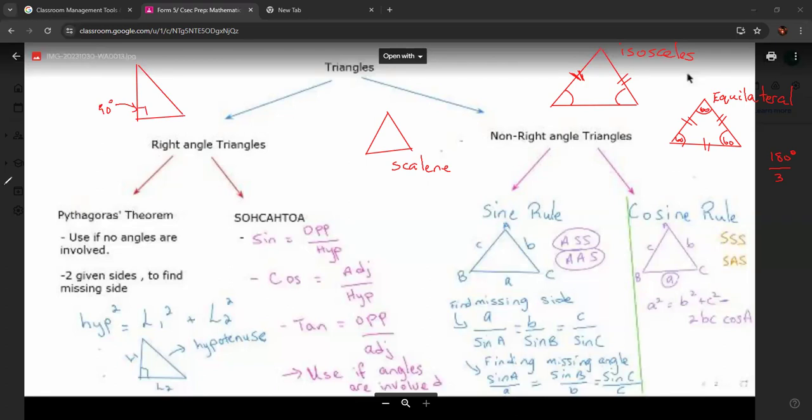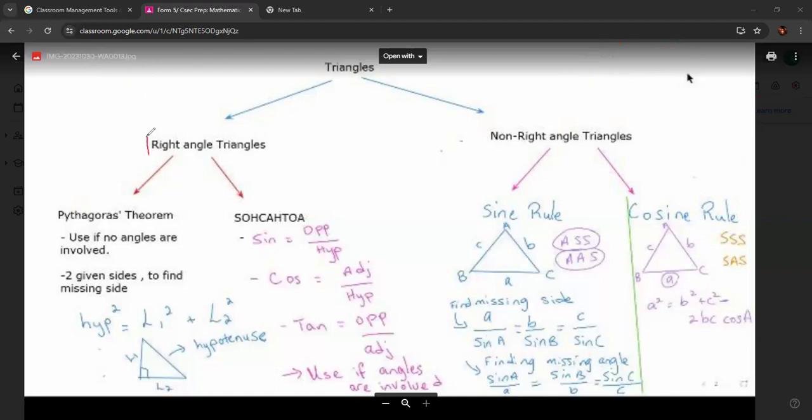And next thing you must note is that when we are dealing with finding sides or angles of a triangle, you must know that we are considering either a right angle triangle or non-right angle triangle, so there are two categories, right?